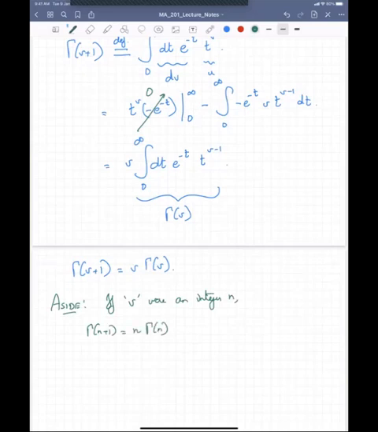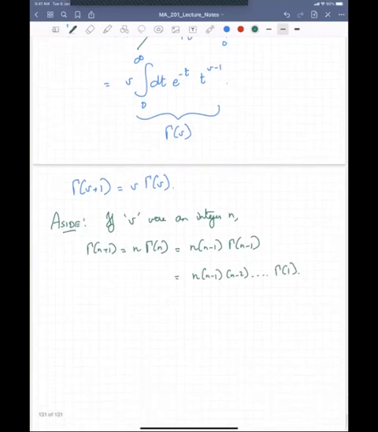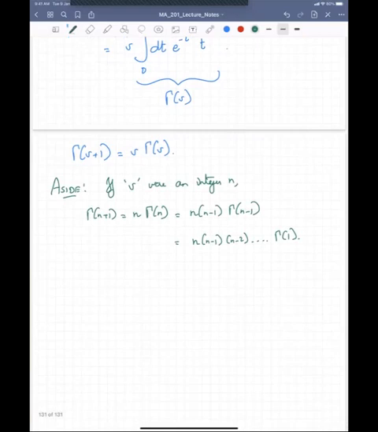Okay, and this would be equal to n times n minus 1 gamma n minus 1. And I can keep going in this fashion because of this recursion relation. And I will write this as n times n minus 1 times n minus 2, and so on, all the way to gamma 1. Okay, and gamma 1 can be easily evaluated because gamma 1 is basically the integral from 0 to infinity of e to the minus t.